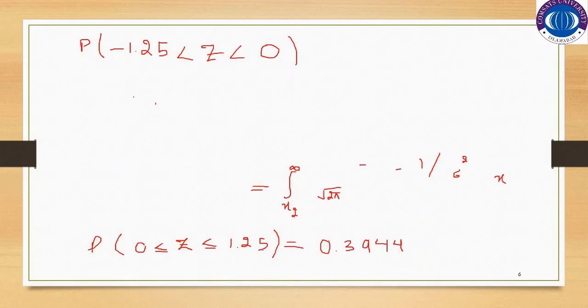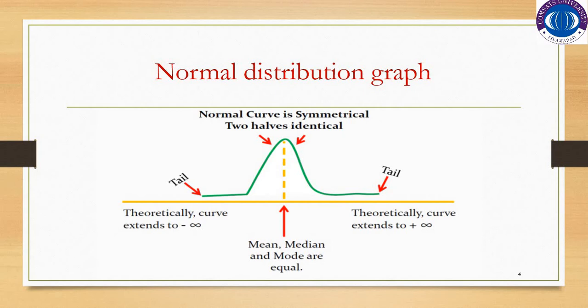So if you go back to the 4th slide, what it has written here: the normal curve is symmetric, the 2 halves are identical. This part is exactly identical with this part, and let's suppose this one is the standard normal curve. So its mean should be 0 and variance should be 1.